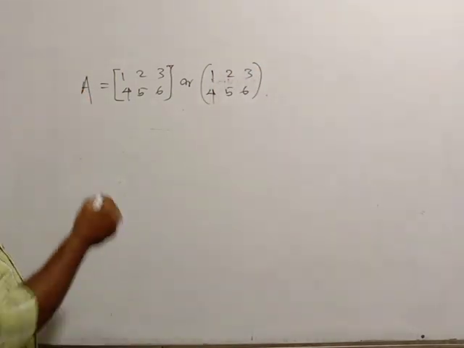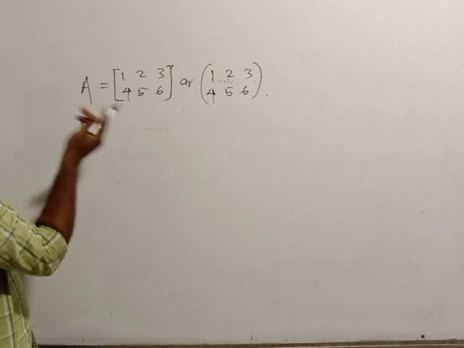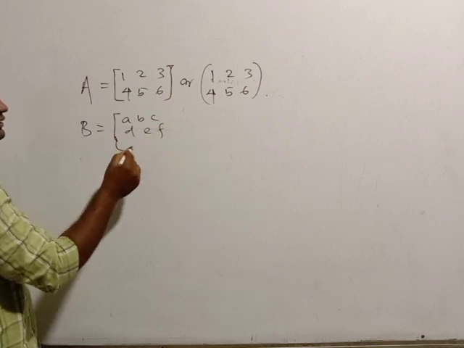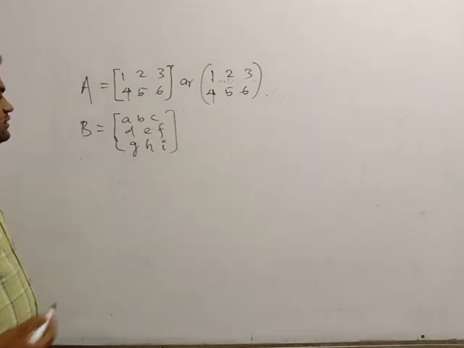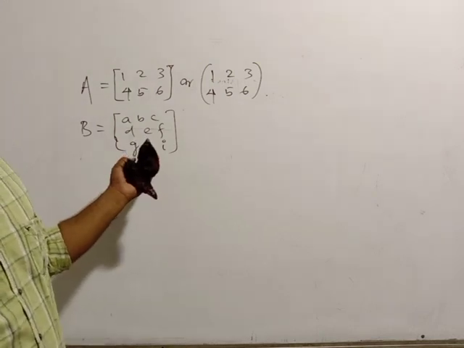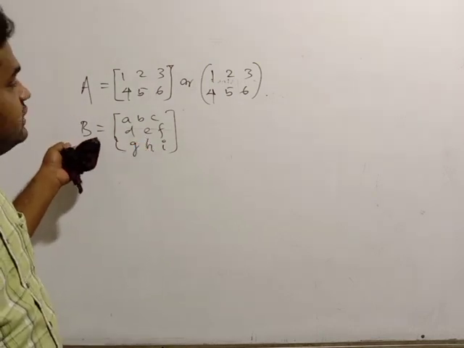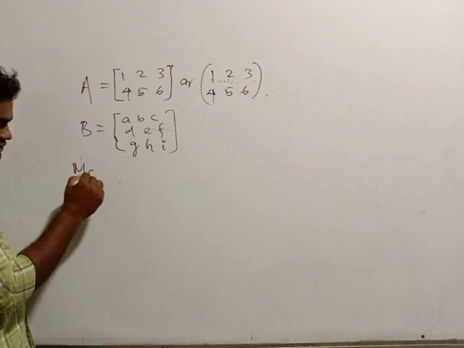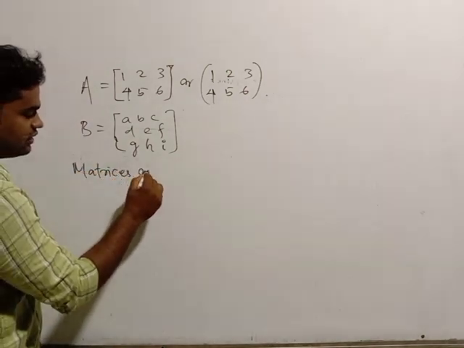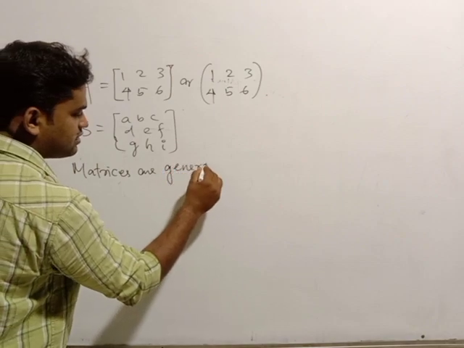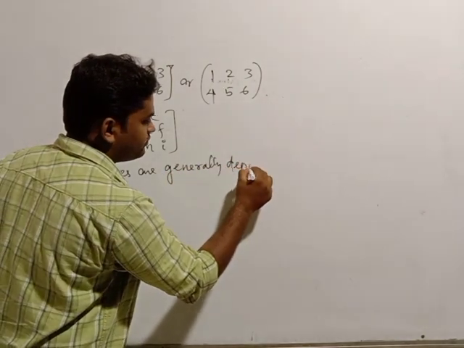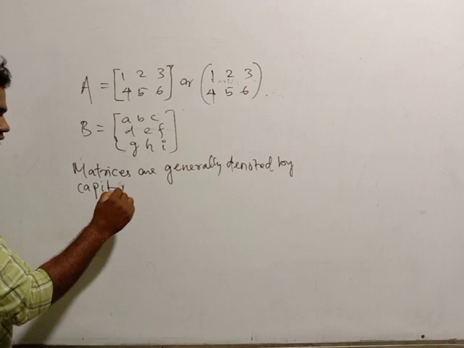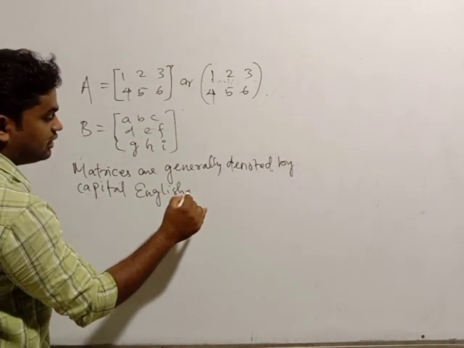B is another rectangular array: A, B, C, D, E, F and G, H, I. This is also a rectangular manner, so this is a matrix, and this matrix is denoted by a capital letter B. That means matrices are generally denoted by capital English letters, capital English alphabets.